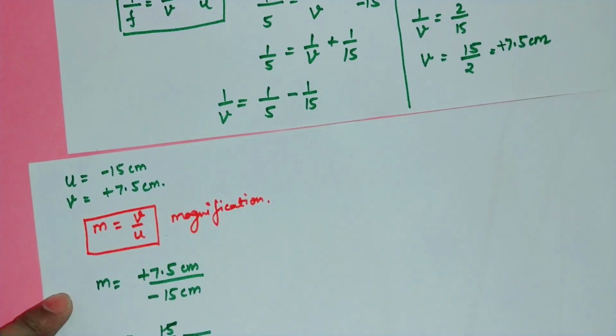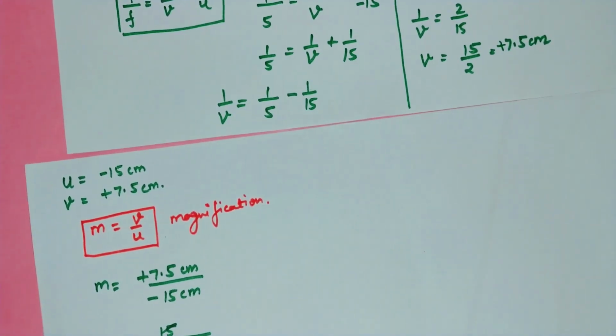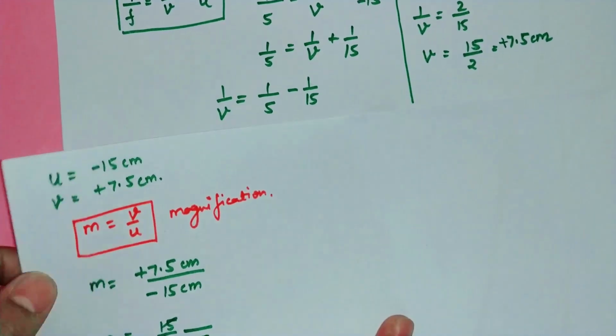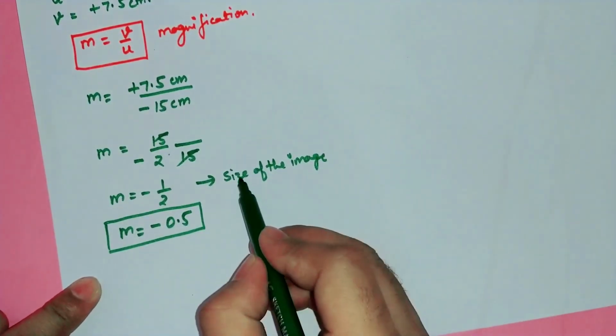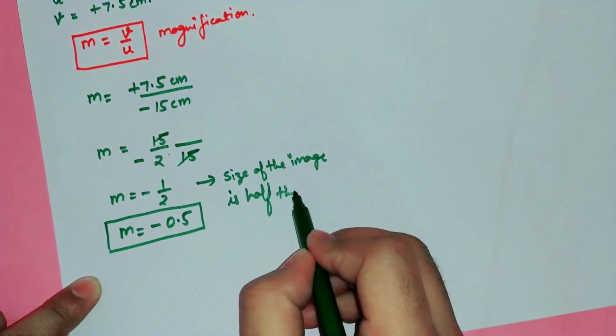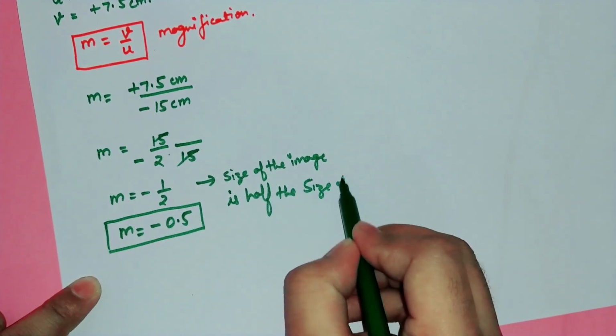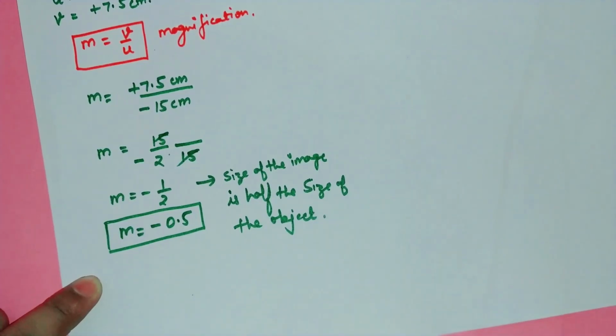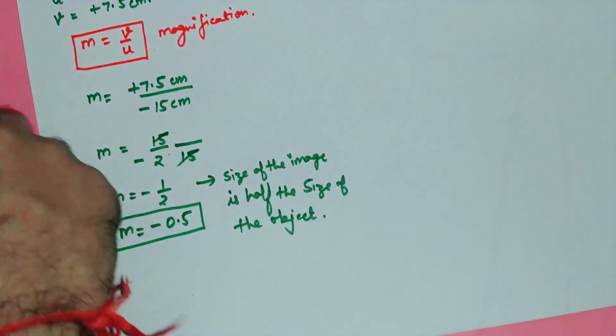So our magnification magnitude is 0.5, or we can say magnification is half, which means the size of the image will be half the size of the object. Clear?